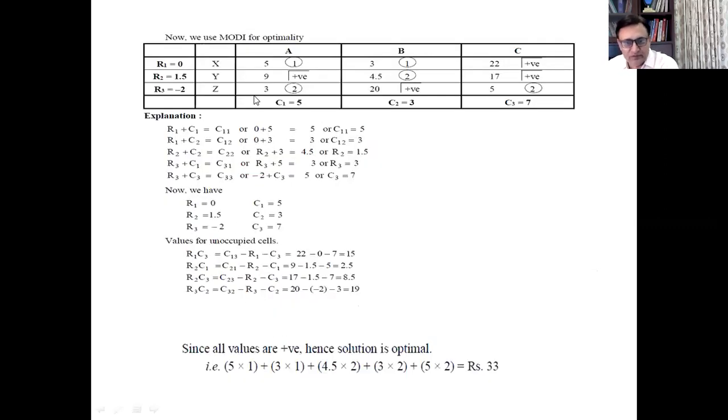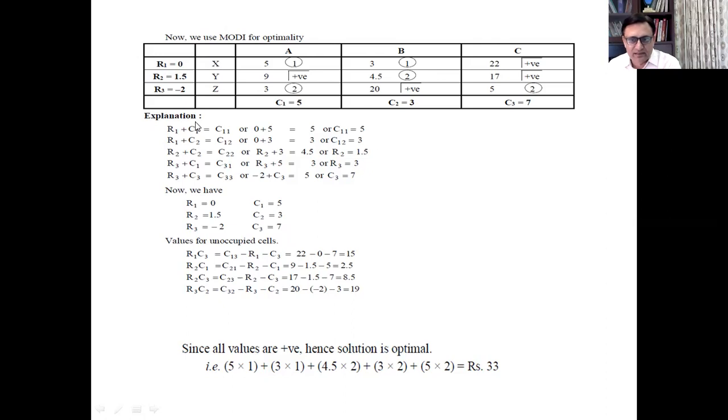Again, we will be using that methodology. So R1, R2, R3, and similarly K1, K2, K3 will be given the value. Similarly, here C1, C2, C3 have been used. Keeping R1 value as 0, we'll be finding out the values of the others. Now we have to evaluate the unoccupied cell.